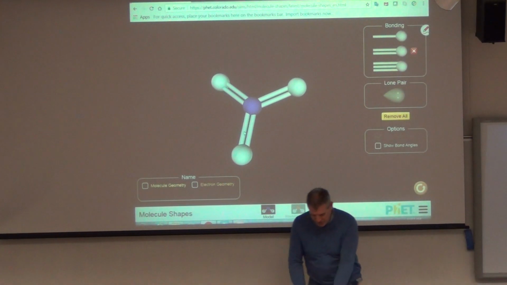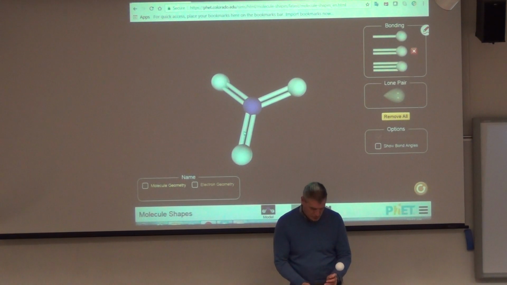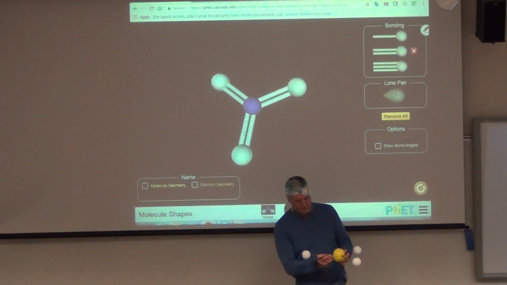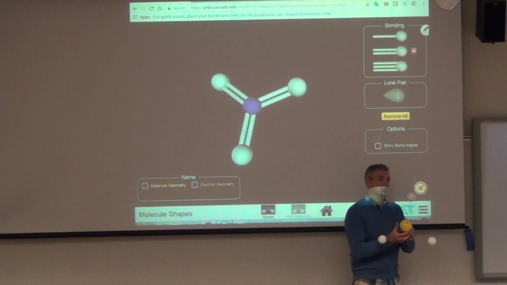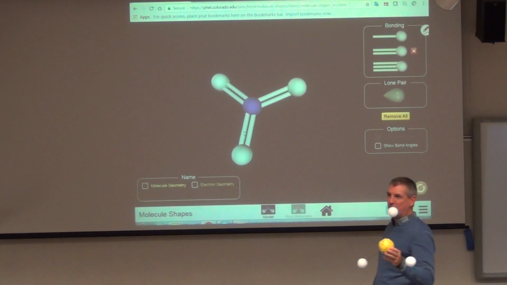And so the orientation that we're going to get for that is simply 3 bonding pairs that are all in the same plane. They're all in the same plane. And they're as far away from one another as they can get.